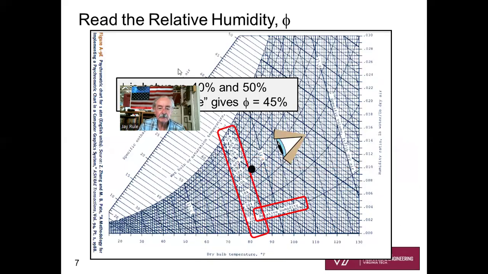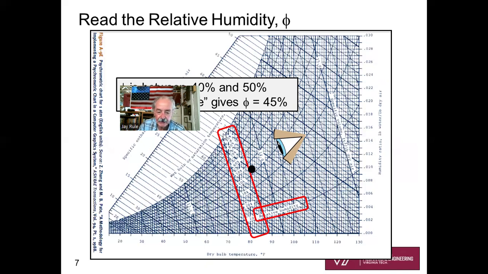The next thing we're going to do is read off the relative humidity. There are all these curves, and we've got to do this with our eyes. I've made our black dot a little bigger and fatter just for effect. You've got to start studying your psychrometric chart. Notice down here, you see these curves swooping upwards, and they're labeled relative humidity.